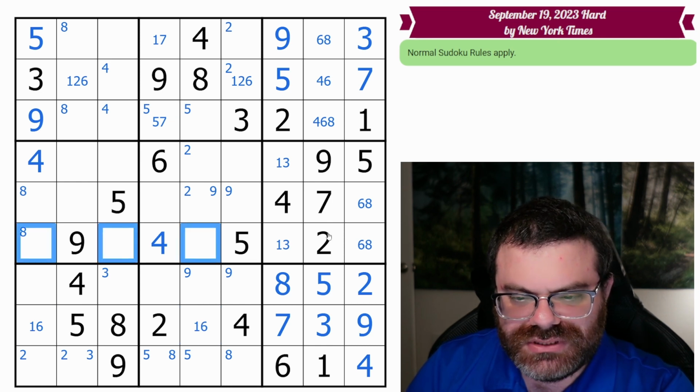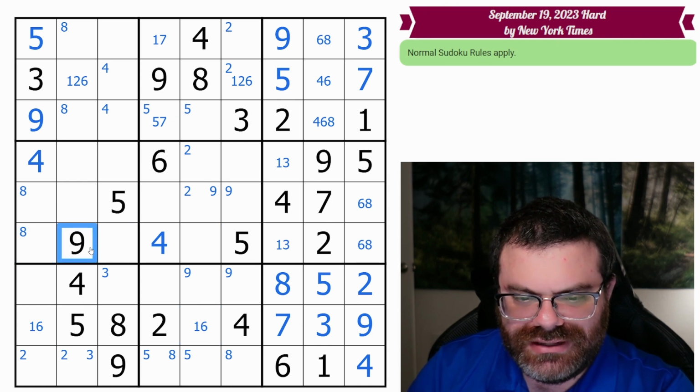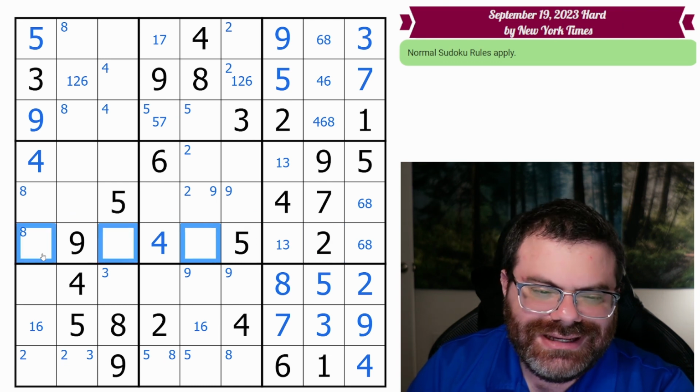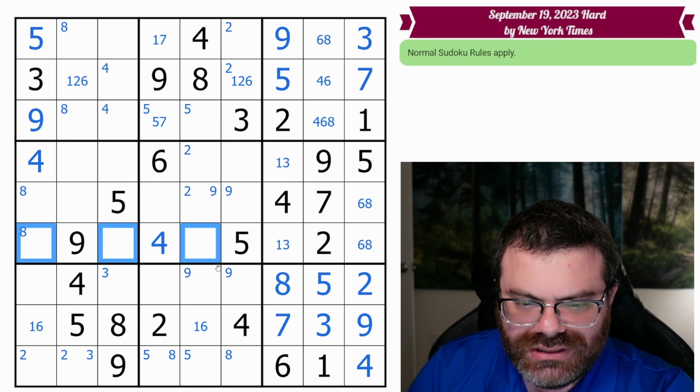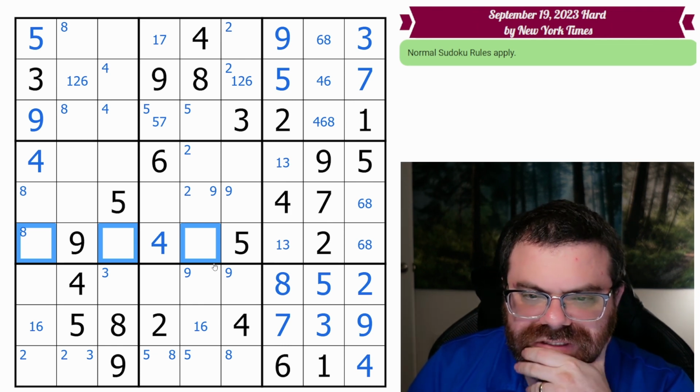Maybe this row. This row's very open. It's every other. Feels like we might be able to find something with that. What's it need? It needs 1, 3, 6, 7, 8. Just doesn't seem like it.